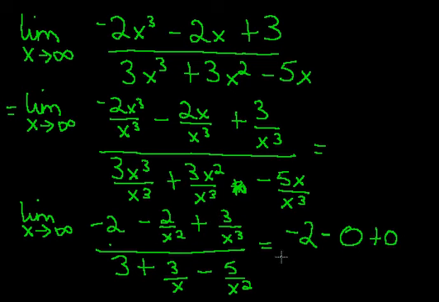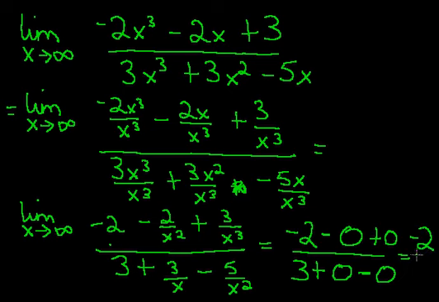And the same thing for this one, so that's plus 0. And then 3 remains the same, so this is over 3. And this tends to 0, because it's a constant over an x, so it's plus 0. And then this is also a constant over x, minus 0. And so we end up with the final answer of negative 2 over 3.